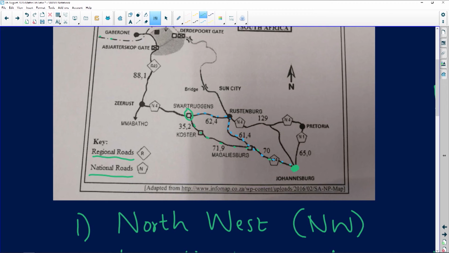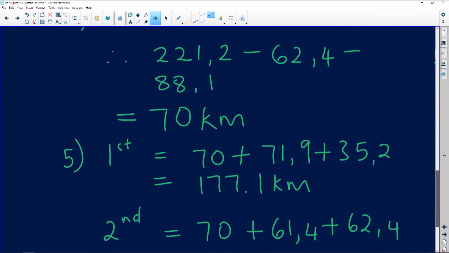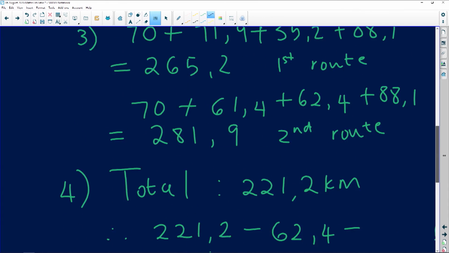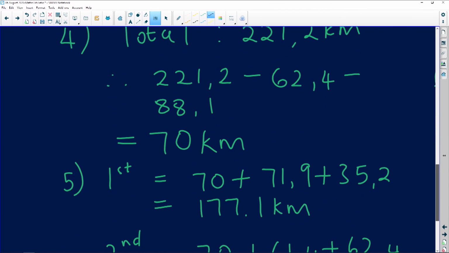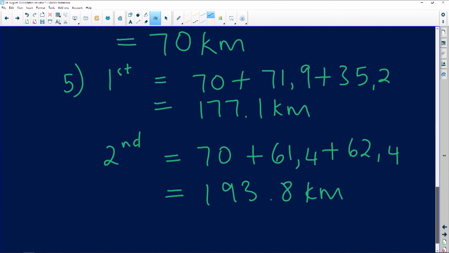Let's just use a darker color for that. 177.1. And then the other one is going to be 190 something. Let's go see what it is. 193.8.